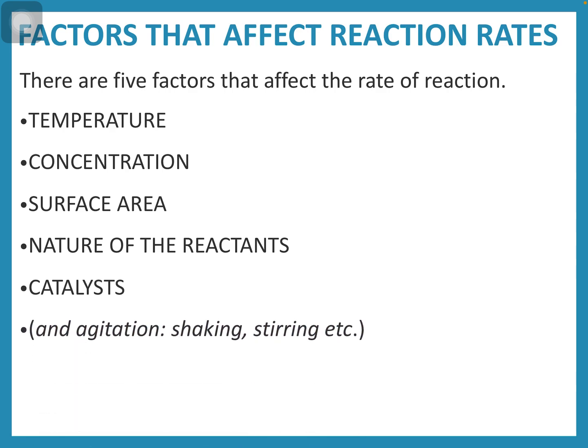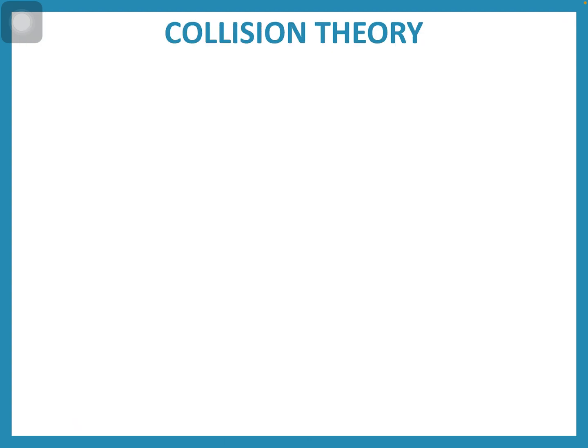And then things that we can do to mimic the different reactant molecules colliding faster are to shake or stir the system. So any type of agitation that allows those molecules to collide with each other faster.